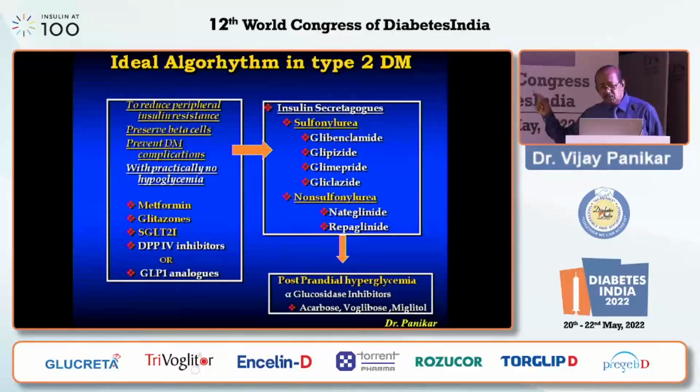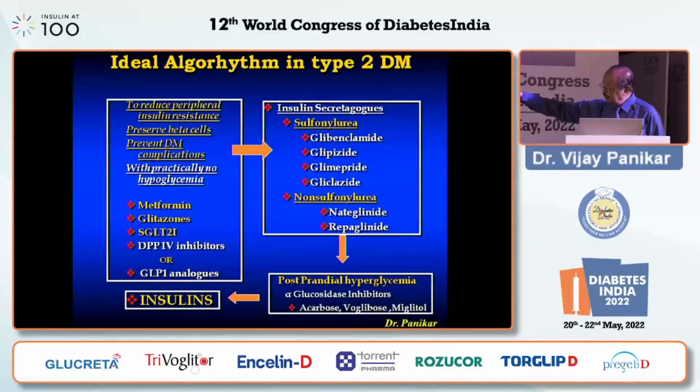And if after doing all this his sugars are still not controlled, that is when you go for insulin. This would be the algorithm for treatment, and the combination with SGLT2 would be metformin and glitazone right from day one. Thank you very much, ladies and gentlemen.